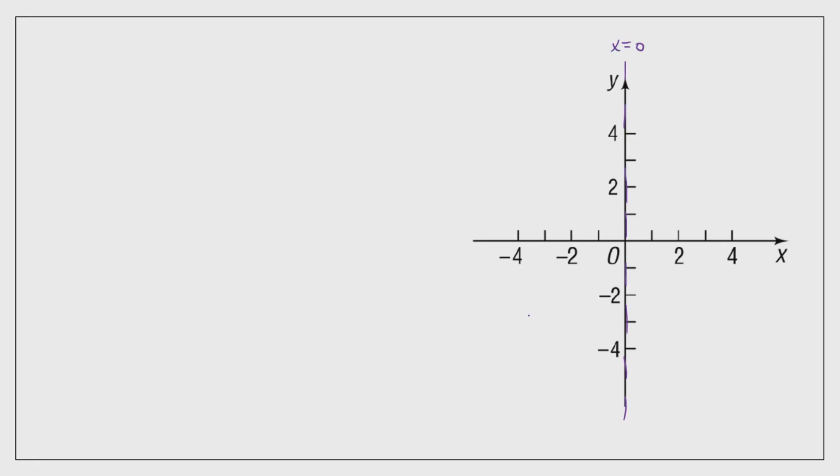We also have an oblique asymptote, y equals x, which is a diagonal line that looks like this.